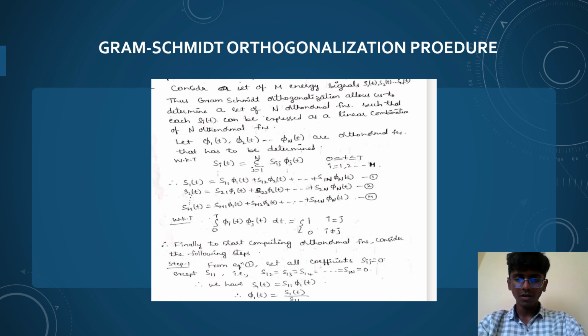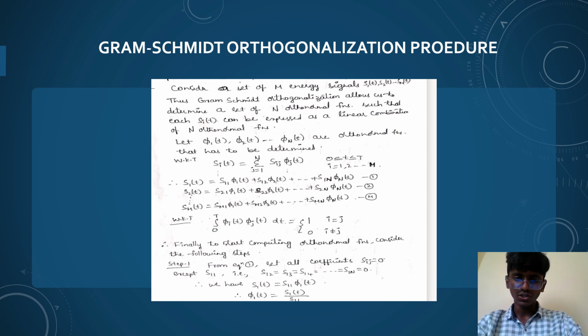These are some basic formulas that need to be remembered. s1(t) is equal to s11 into phi1(t) plus s12 into phi2(t) plus and so on, s1n into phin(t). This is equation 1. These equations are reused later in the further derivations, that's why we are considering this as equation 1.